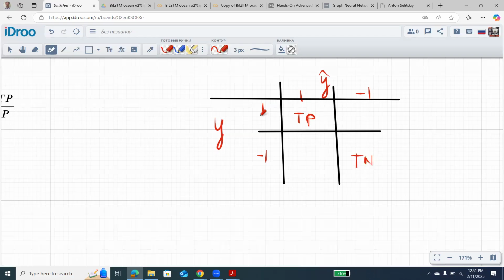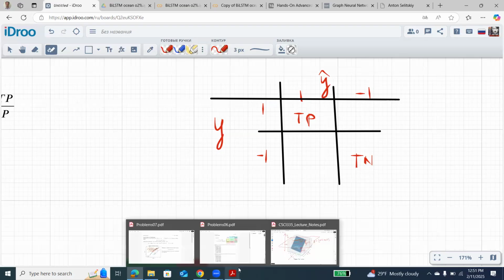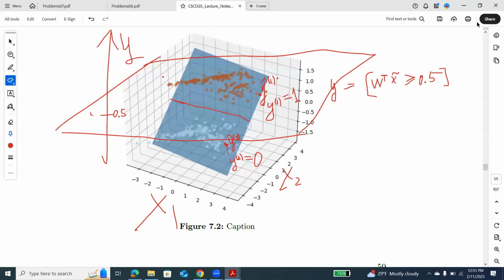If we go back to the illustration, if this red line we draw a little bit higher, then some points with label 1 will be classified as 0.